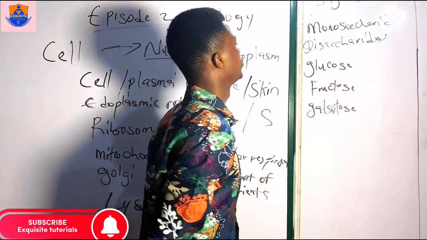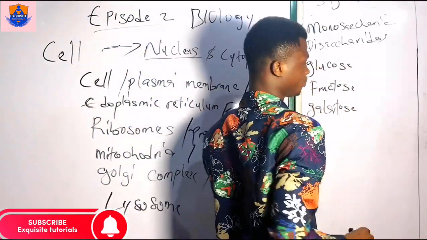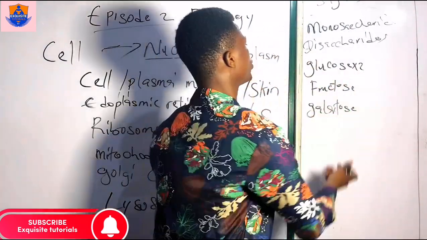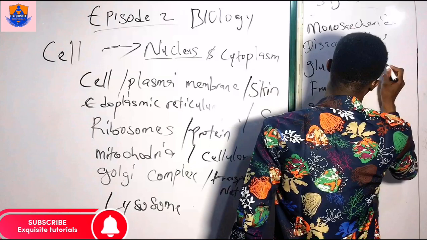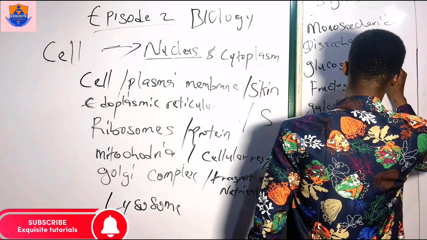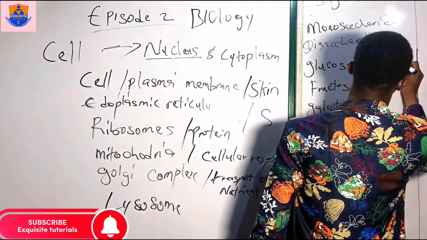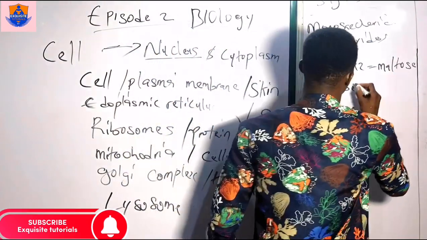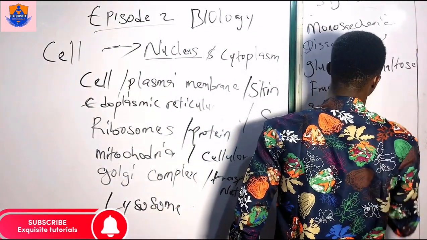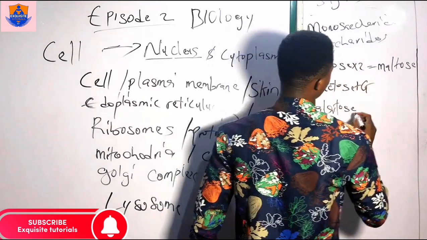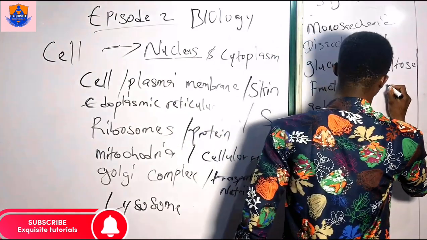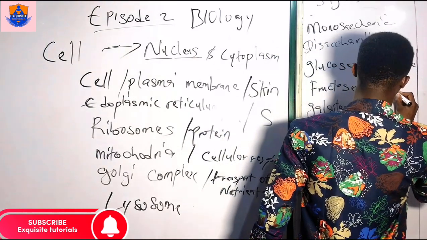Now, glucose plus another glucose, which is glucose times 2, will give us maltose. Just follow this process. Fructose plus glucose will give us sucrose.